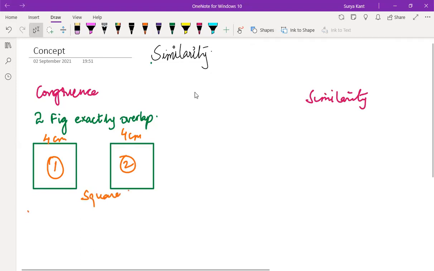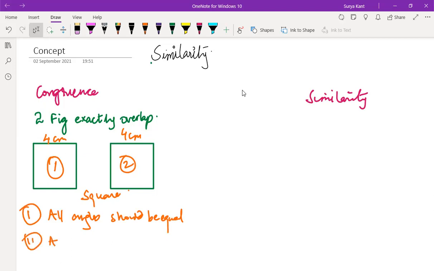The first condition should be what? All angles should be equal, right? And the second condition is all sides are also equal, right? These are the two conditions, correct, children? To exactly overlap, all the angles should be the same and all sides should be equal.